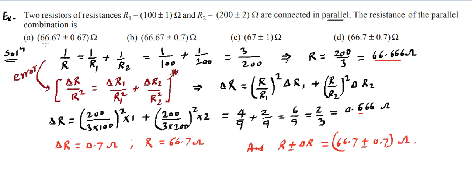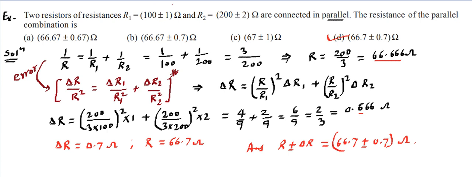So if you go for the first, that's not appropriate. If you go to the second, that's also not appropriate. Third, not appropriate. Fourth, that fourth is matching. So we will say D is our answer. Making sense? I hope it's making sense.